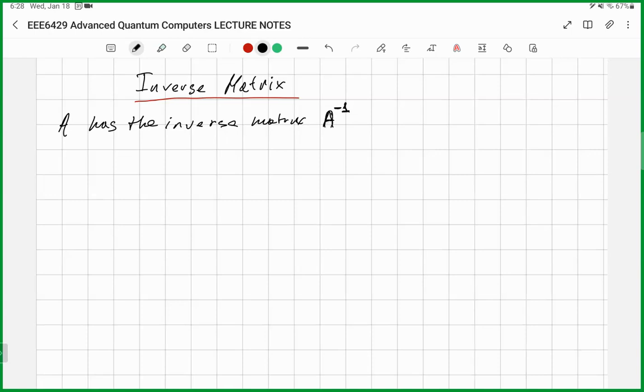It's not a power, it is the notation for the inverse matrix. So that the product of matrix A with the inverse matrix gives me what? Gives me the identity matrix.